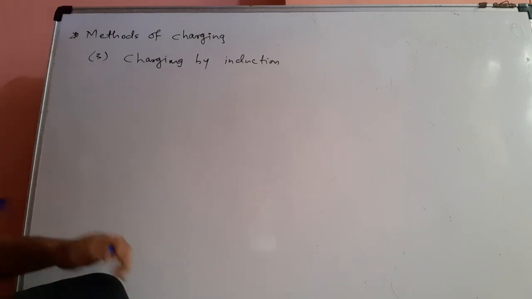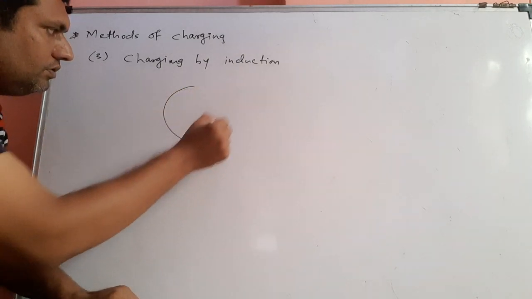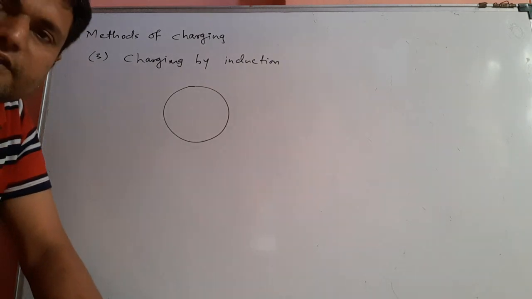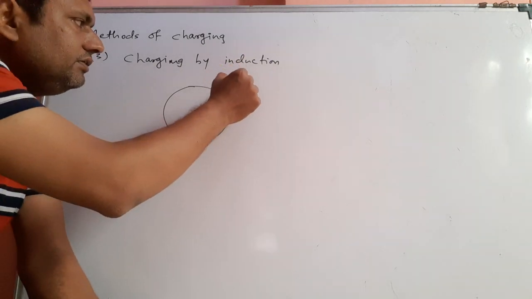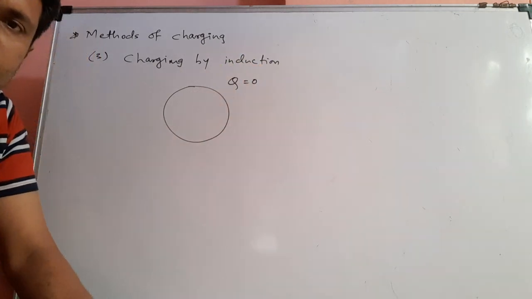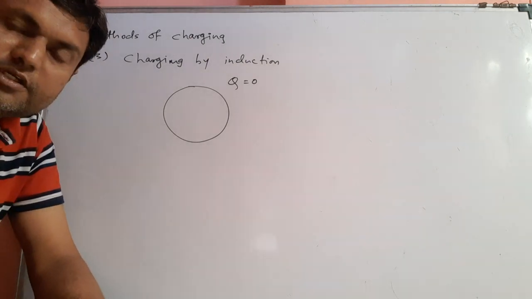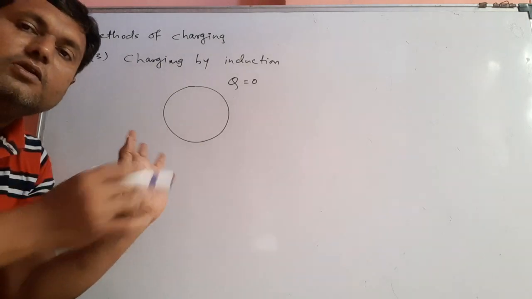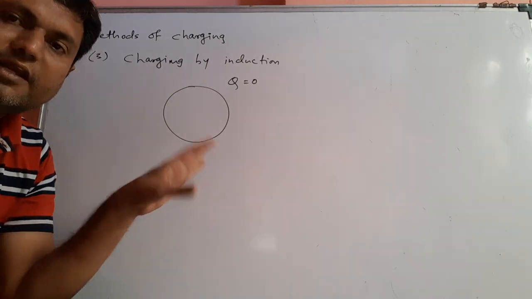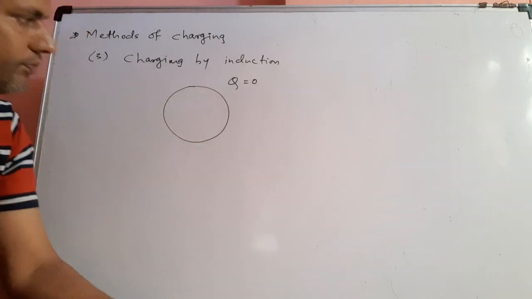A very simple method. Again, what are we doing? We are taking one uncharged body. It means charge on it is 0. Uncharged body means there are equal numbers of positive charges and negative charges inside the body.